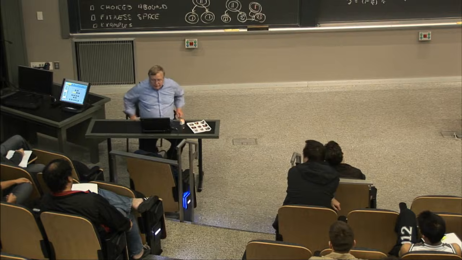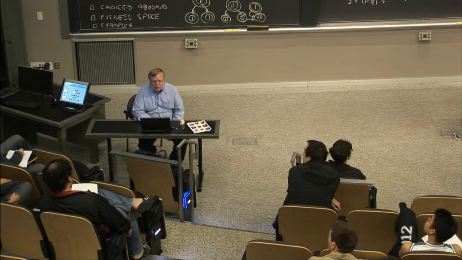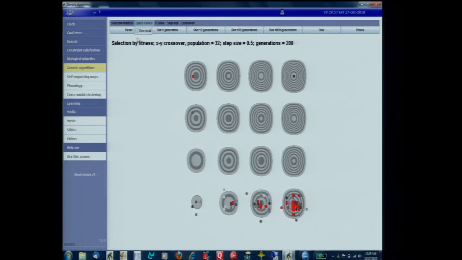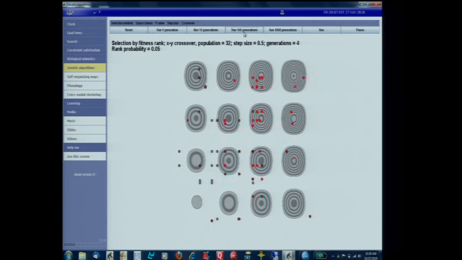Let's give it a shot. Let's go back to our original space choice and reset and switch to the rank fitness method, and we'll run that 100 generations. Whoa! What happened there? That was pretty fast.